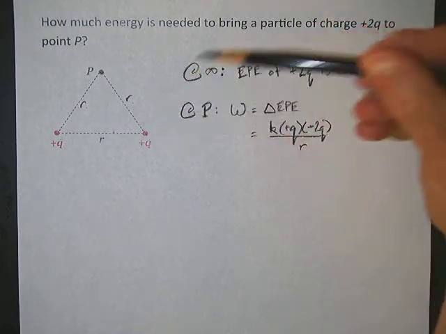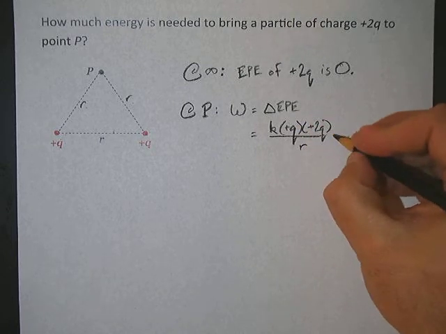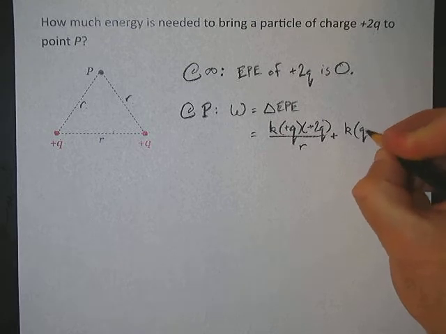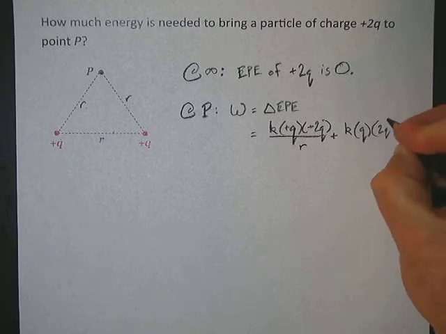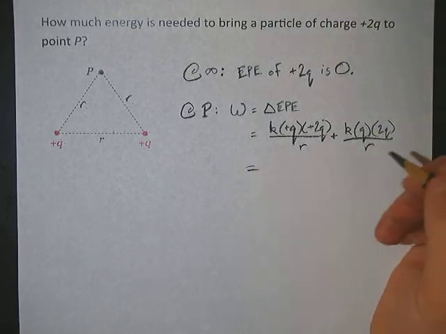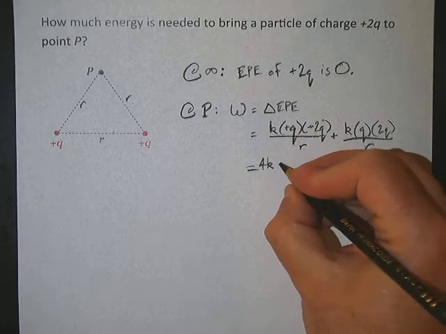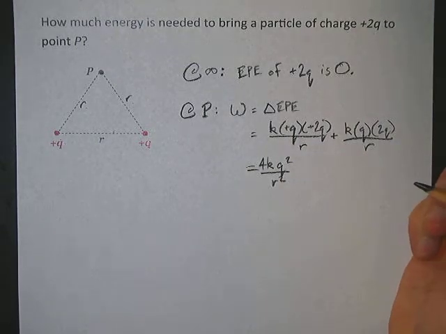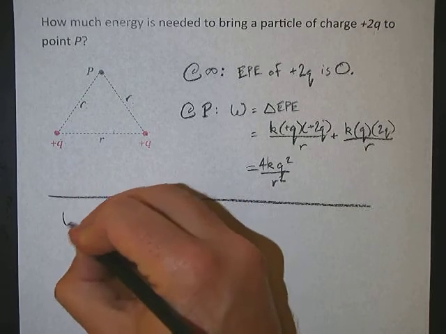Now from the symmetry, because this point is equidistant from here and here, I'm just going to have to add in exactly the same thing, plus kq, 2q over r, and then I add everything all together and I get 4kq squared over r squared.